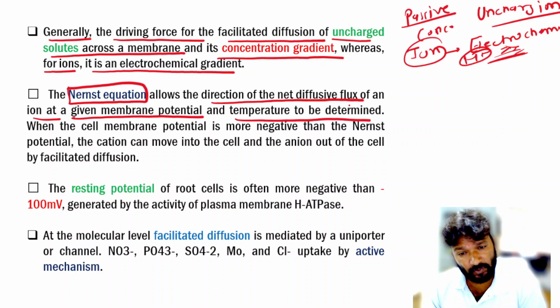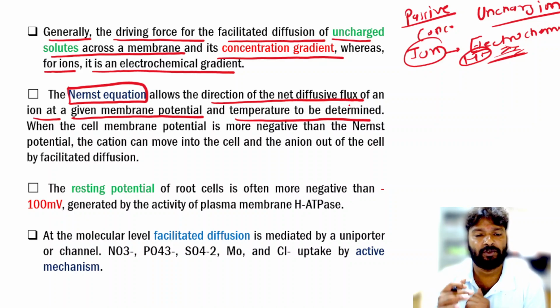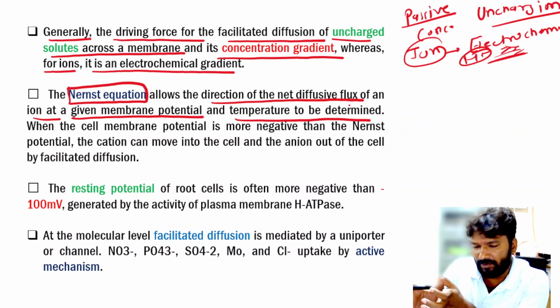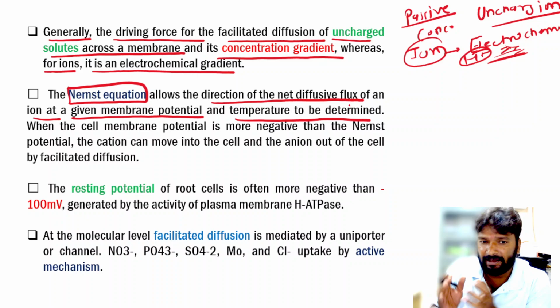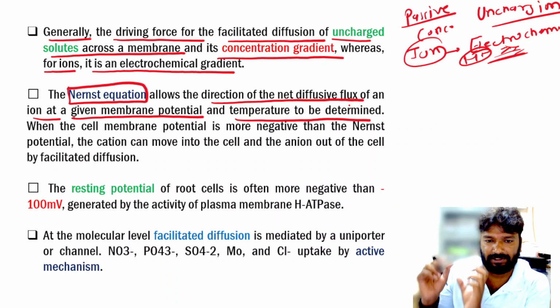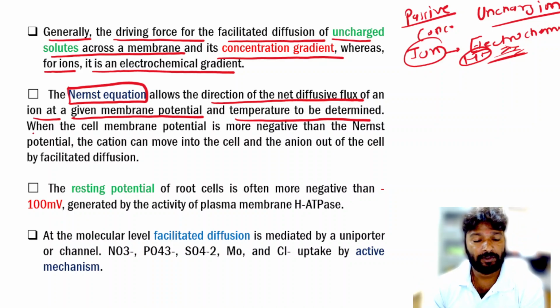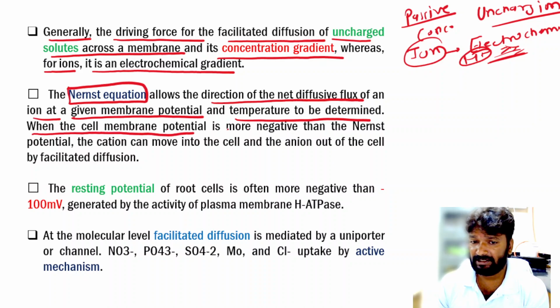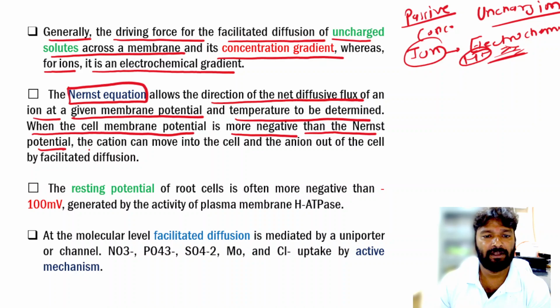So what is the use of this Nernst equation? This equation allows us to determine the direction of net diffusive flux of an ion at a given potential and temperature. Okay, so when the cell membrane potential is more negative than the Nernst potential, the cation can move into the cells.